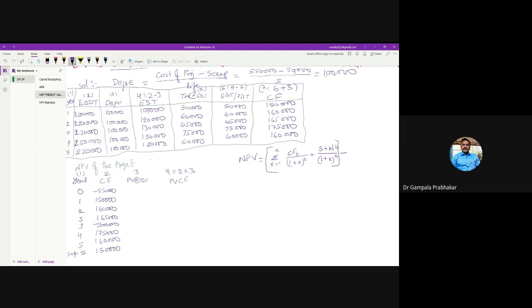If there is no multiple investments in a project, only one investment, that too at the initial time in the beginning of the project, then we simply write cash outflow. But in our project there are multiple investments.